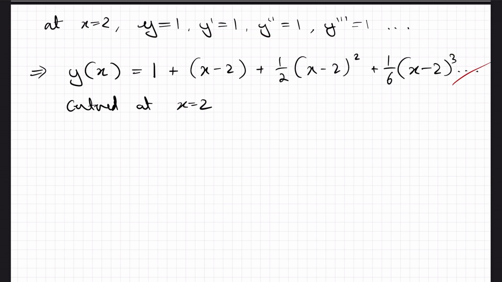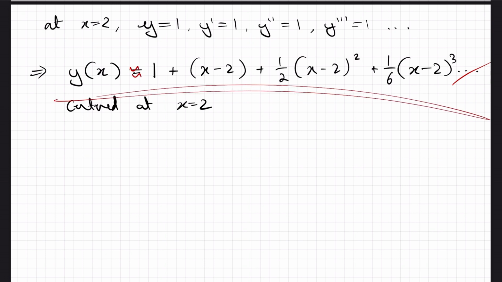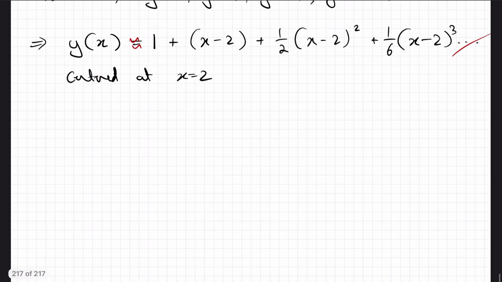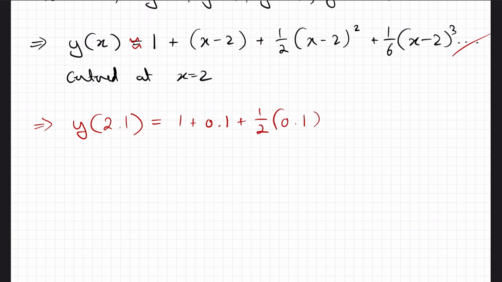So what we can do now is, this is an approximate solution. If we cut off these terms, this becomes approximate. And this is an approximate solution to what y of x is. So we can use this to approximate, let's say, y of 2.1. Well, that is going to be 1 plus 2.1 minus 2, which is 0.1, plus 1 half times 0.1 squared plus 0.1 cubed.